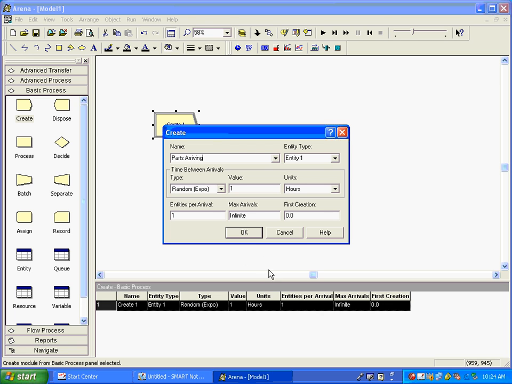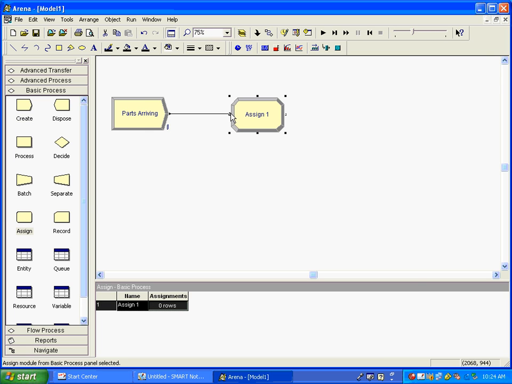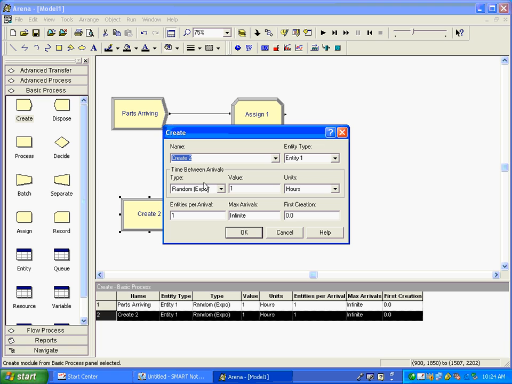Of course, this is according to the schedule. So you have some sort of stuff coming in here which simulates your manufacturing process. Then you'd have a second create block, which would be something like a daily controller, and that would be a constant.